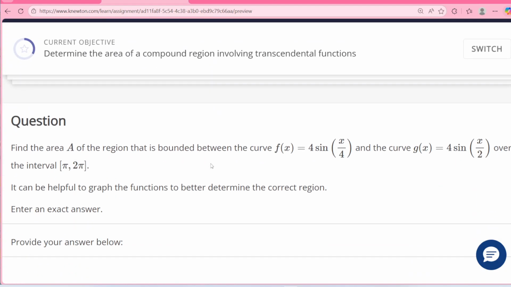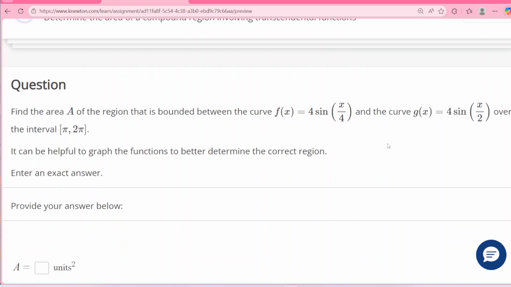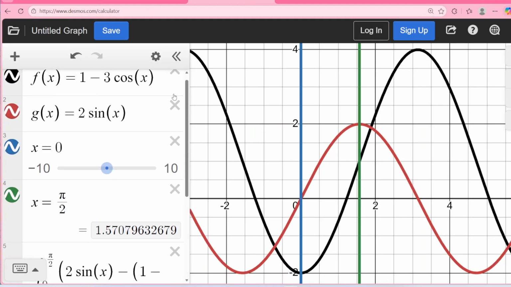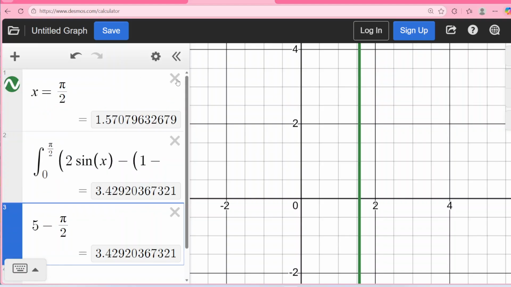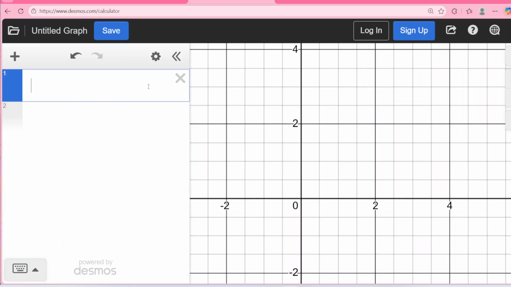All right. So this time, again, what's the area just between the two curves over this interval from pi to 2 pi? So f is 4 sine of a fourth x, and then g is 4 times the sine of half x. All right, so this time I'm just going to look at them. Make sure you're in radian mode when graphing trig functions here.